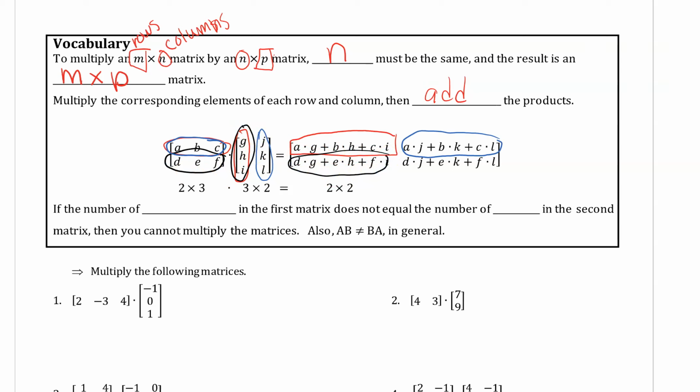And lastly, we multiply our second row by our second column, and that goes here. Hopefully this will start to make more sense when we have an actual example.